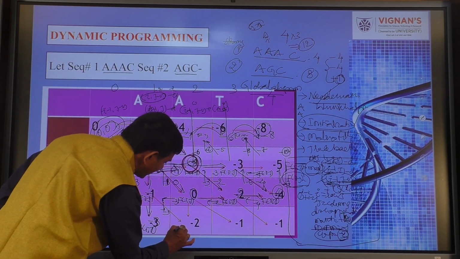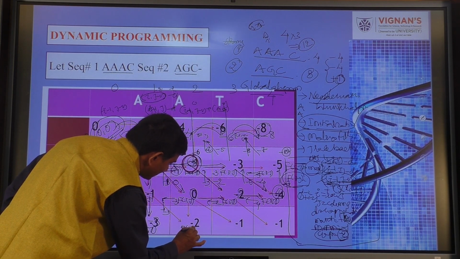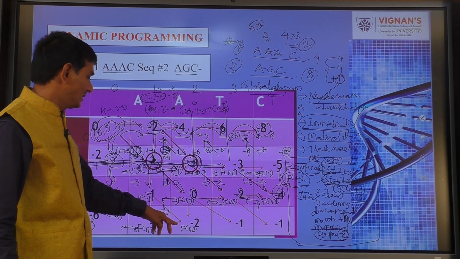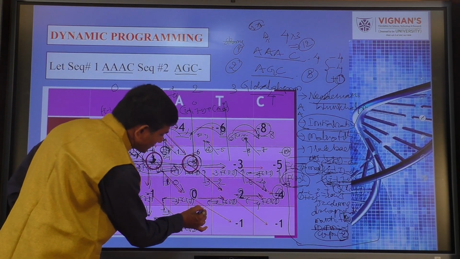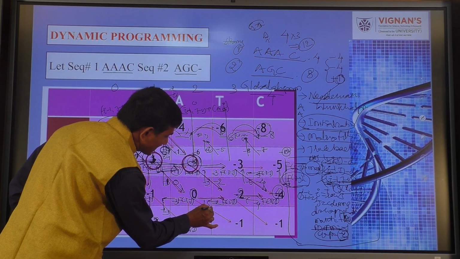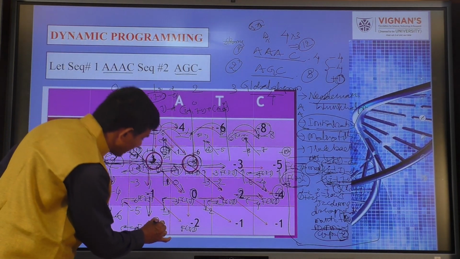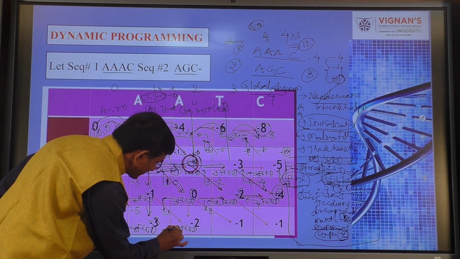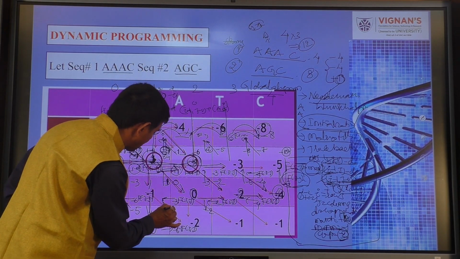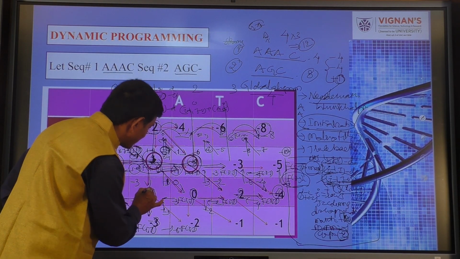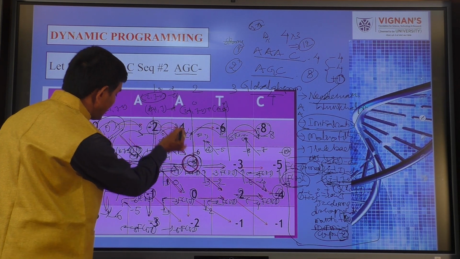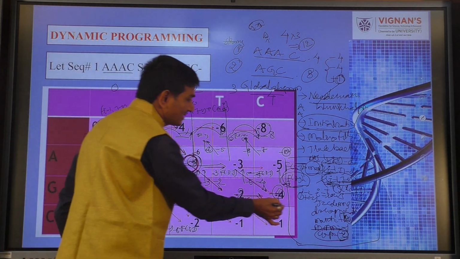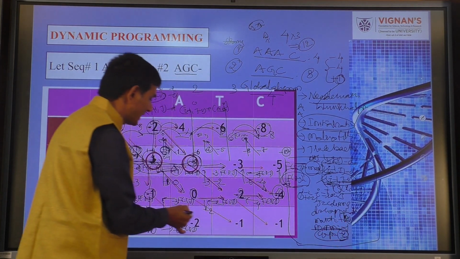Similarly, let us calculate the value for this matrix cell. The address given to this matrix cell is f of I comma j. So, change in row, 0 minus 2 is minus 2. Similarly, change in column, minus 3 minus 2 is minus 5. Similarly, change in both row and column, the value is minus 1, the row coordinate is C and the column coordinate is A. So, C versus A is a mismatch, the value assigned for mismatch is minus 1.